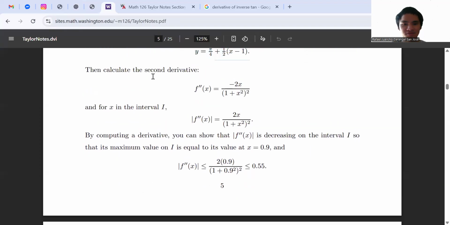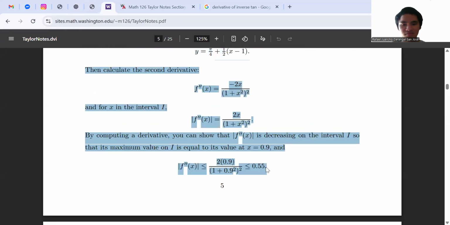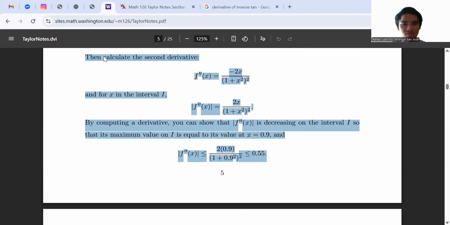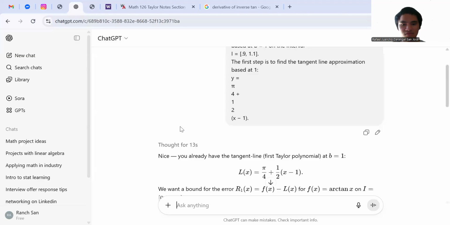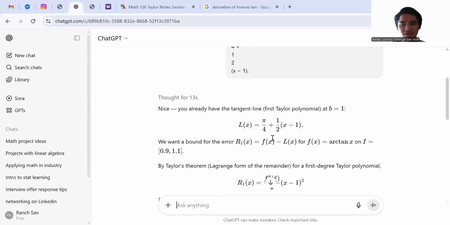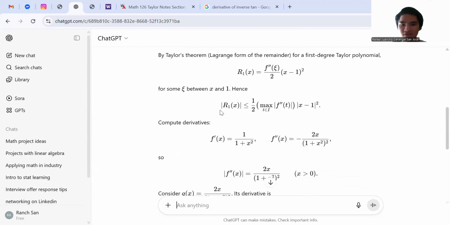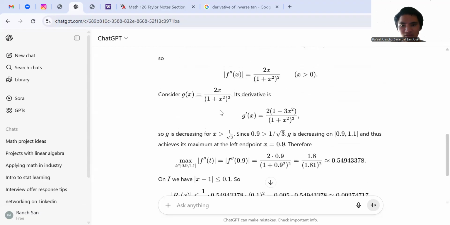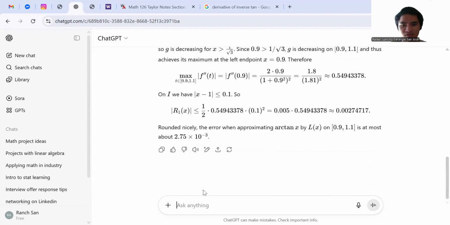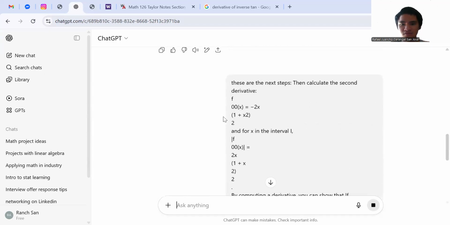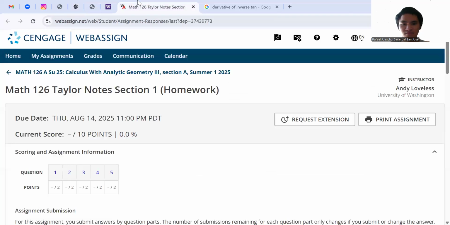Make sure I put these two. Nice, you already have the tangent line. Oh, we did Lagrange. No, not that. Okay, those are the next steps. Looks good.